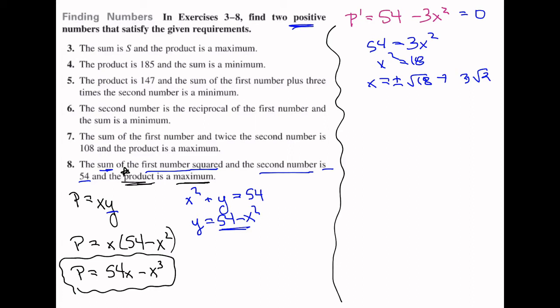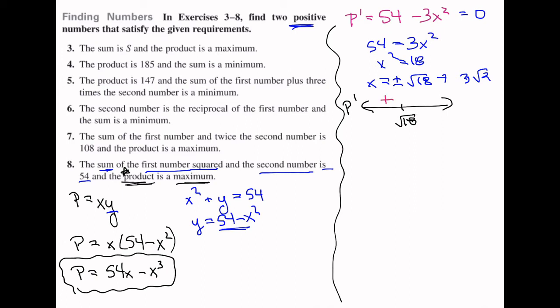All right, so let's do our number line. But on here, the math will be a little easier if I think of that as the square root of 18. So I need to plug something from this interval up into the derivative. So if I take a 0 and plug it in, I get 54 minus 0, which is going to be positive.